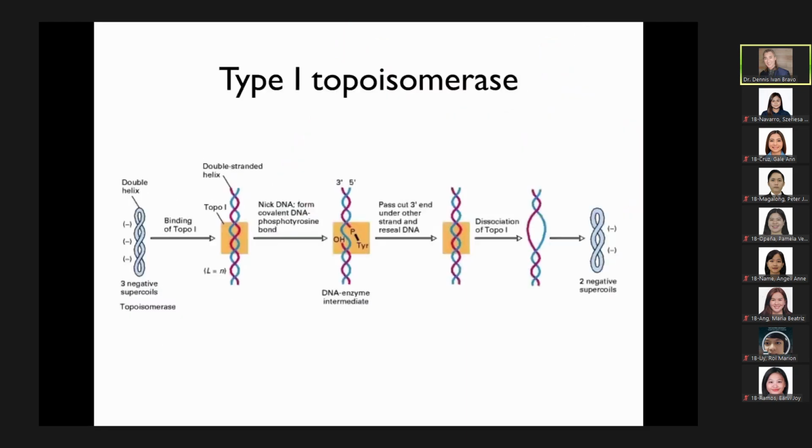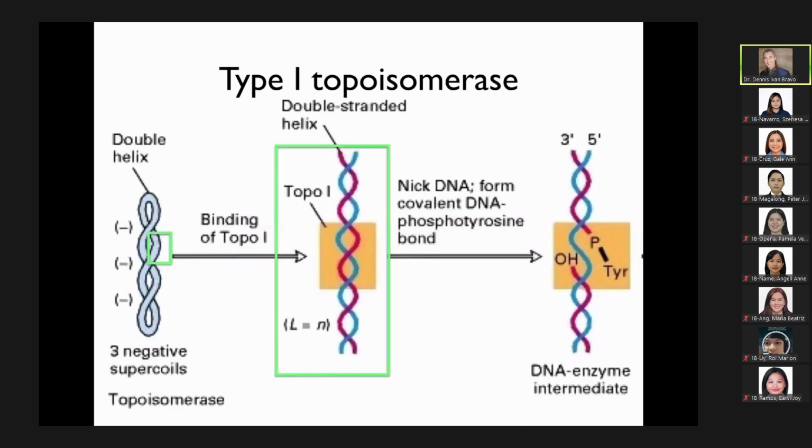To illustrate, we have here type 1 topoisomerase. If you take a look at this closed circular DNA, it has 3 negative supercoils. Once the topoisomerase has acted on it, it is now partially relaxed. There are now only 2 negative supercoils. So how was type 1 topoisomerase able to accomplish that? Let's say we are zooming in on this segment that has been enlarged here. There are 2 strands here that are intertwined, the red and the blue.